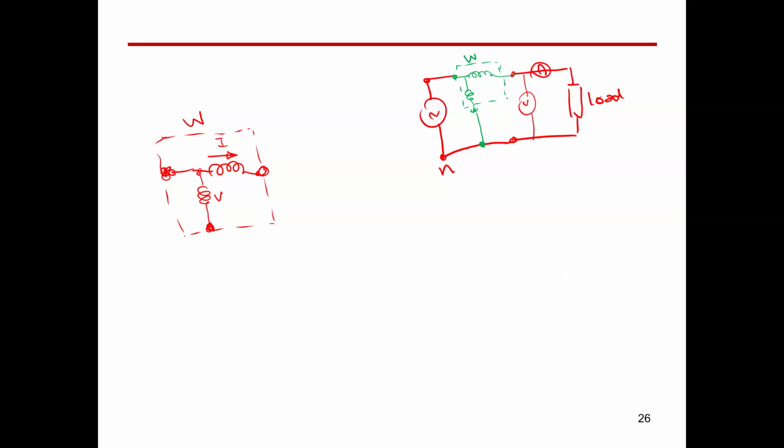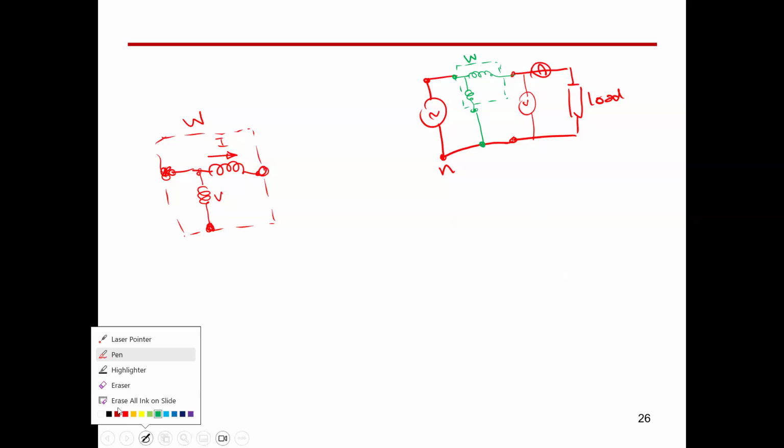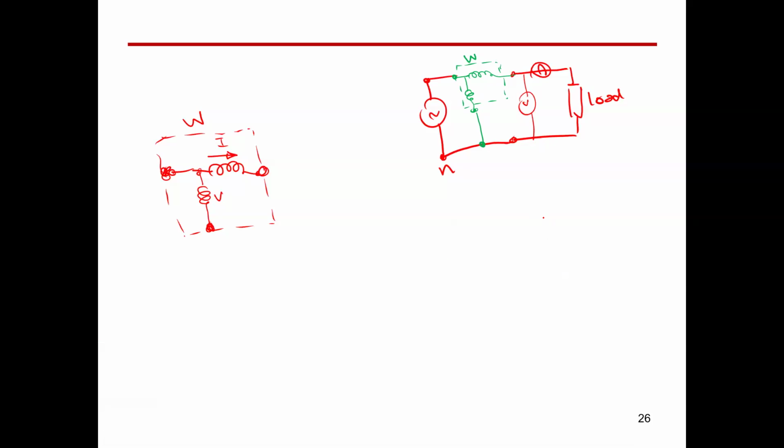If we have three-phase system, we can have 3 wattmeters to measure the power of every phase. So I'm going to draw now a Y-connected load. If I have Y-connected load like that, let me say it's RL load, with our terminals A, B, and C like that.